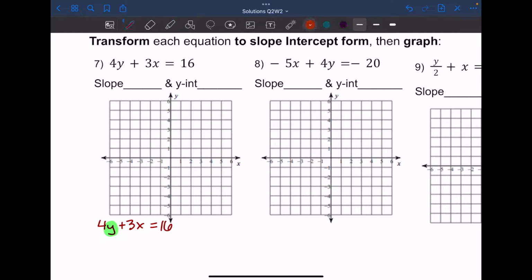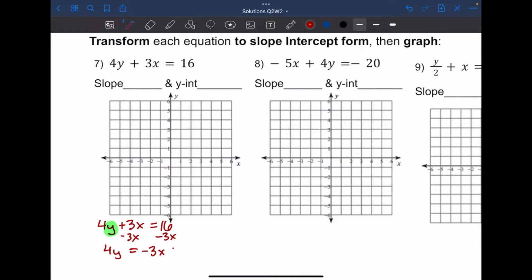We want to move away our separate terms first. So we'll subtract 3x from both sides. So you'll have 4y equals negative 3x. You always want to put our variable terms first, because if you remember, slope-intercept form is y equals mx plus b. Your slope is always what's attached to the x, so we want to put our x term first.